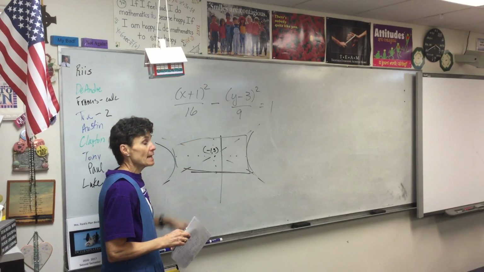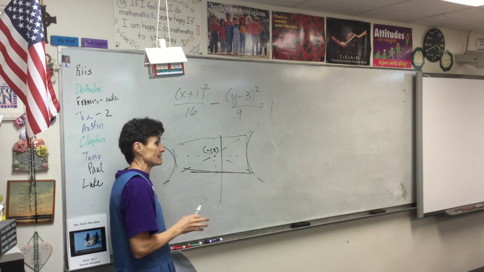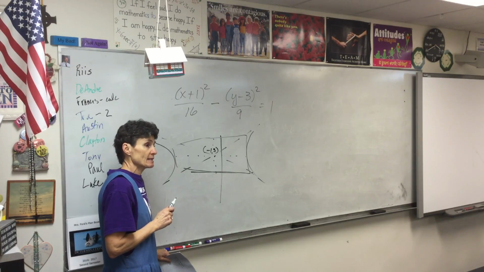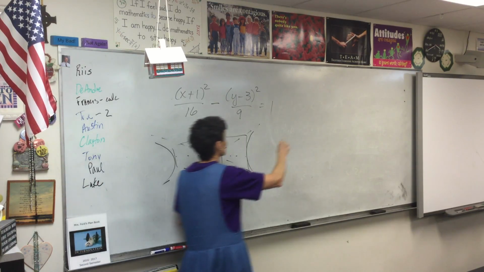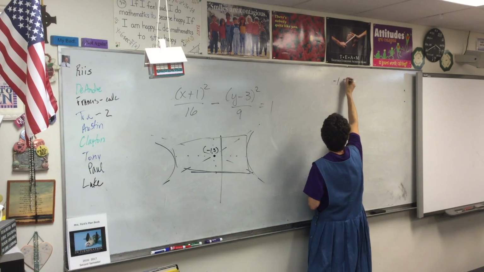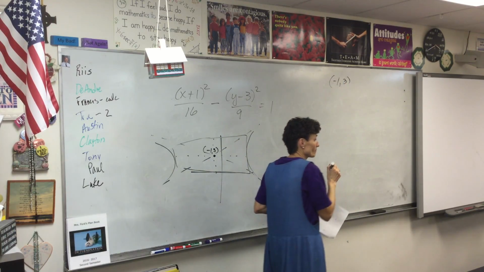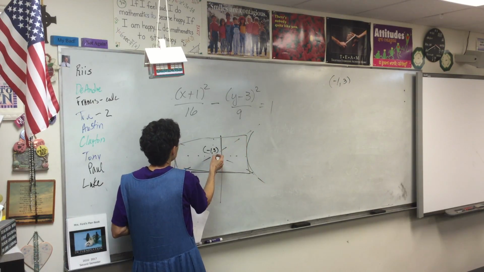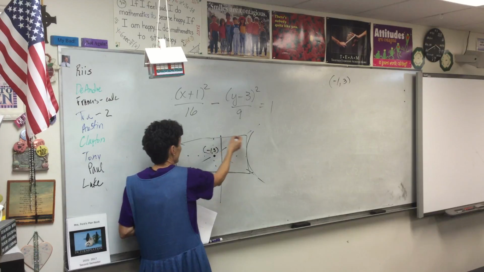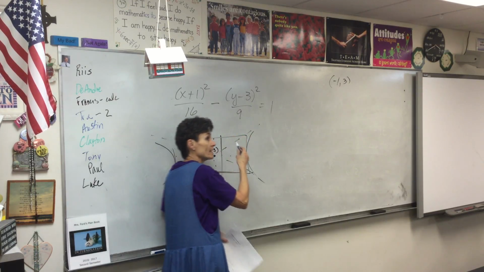Now, we've done everything except the equations of the asymptotes. So, we know that the asymptotes are both going to contain the point negative 1, 3. To build the box, we counted up 3 and over 4.